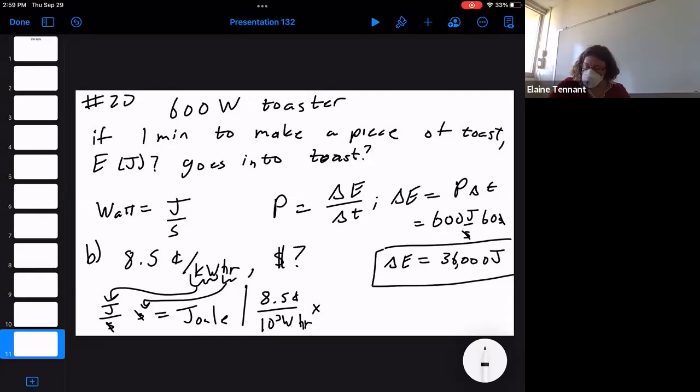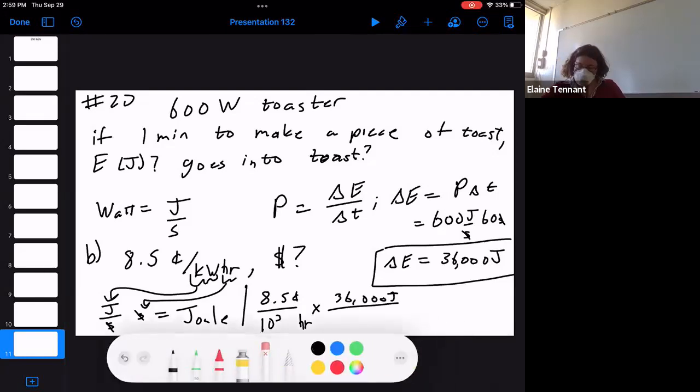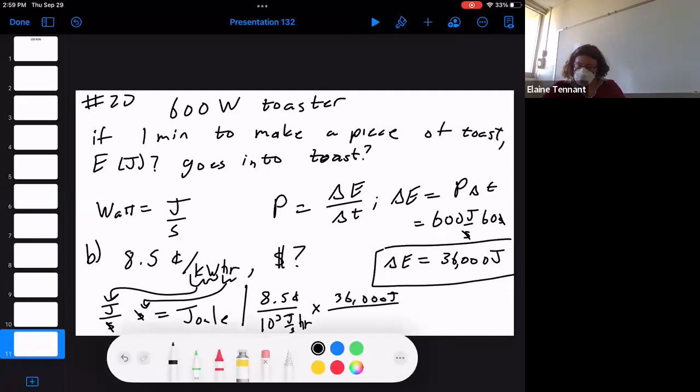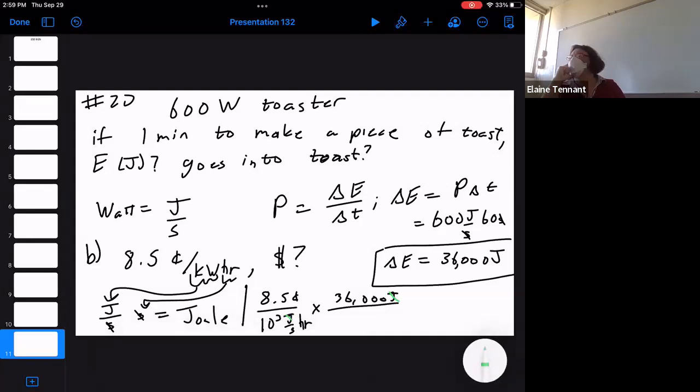And then you need to multiply this by 36,000 joules. I need one more conversion factor. So I have watts, which is joules per second, and I have hours, and I have joules on the top. What's the last conversion I need to make to get something in cents?